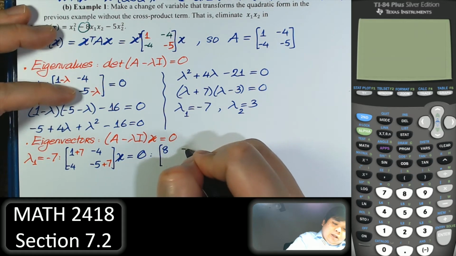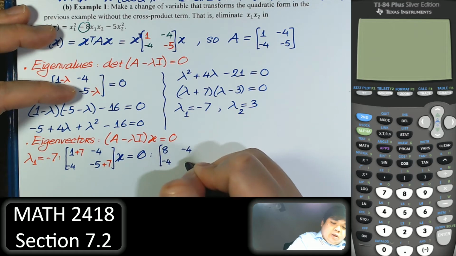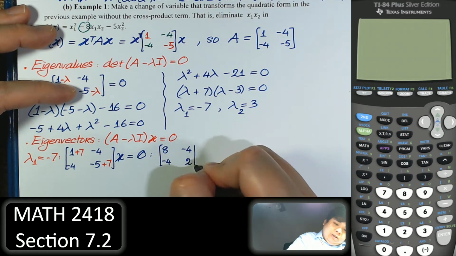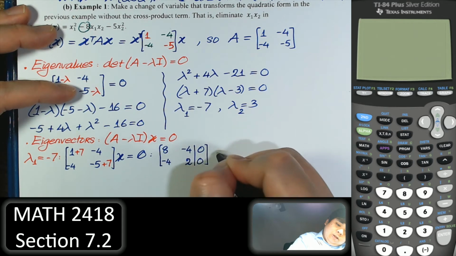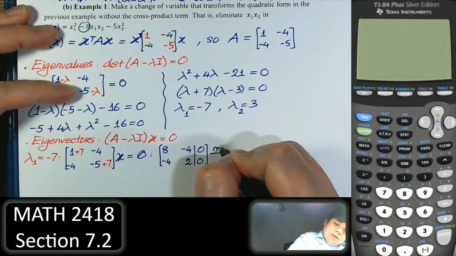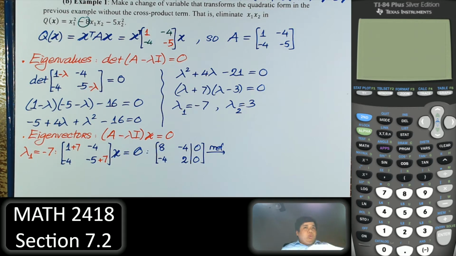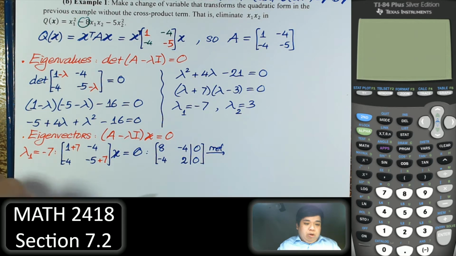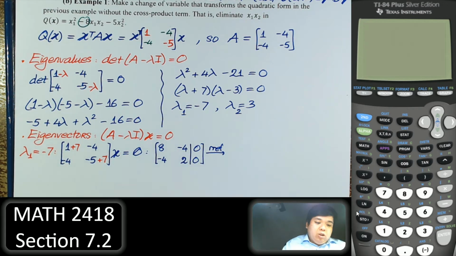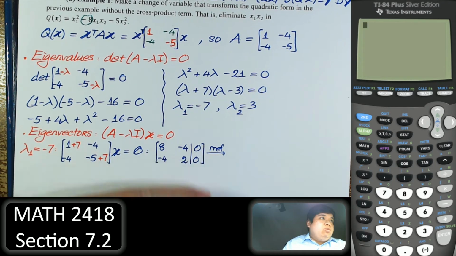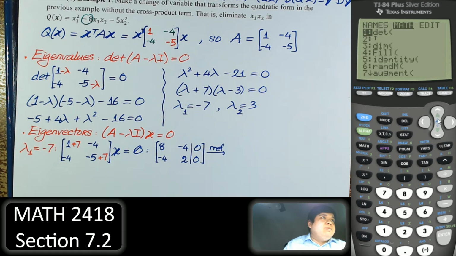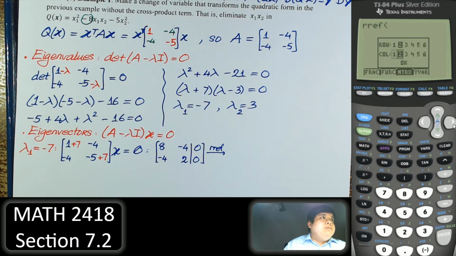So we have 8, negative 4, negative 4, and 2. Of course, if it's 2 by 2, we really don't need to do reduced row echelon form, because those two rows should be multiples of each other. So we can just keep one row. But I'm just going to use reduced row echelon form here.